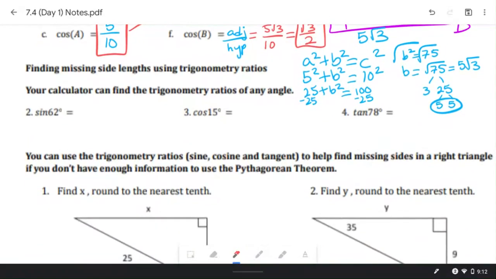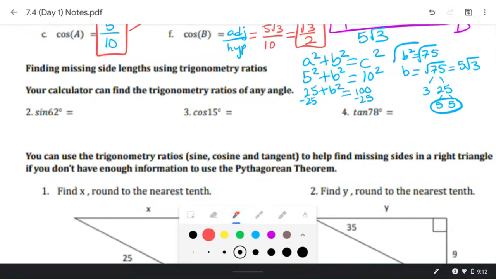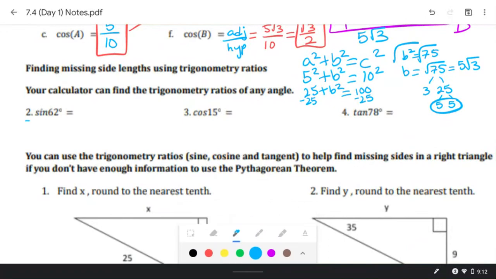All right, moving on. We're going to find the missing side lengths using trigonometry ratios, and your calculator is going to find the trigonometry ratios of the angle. So all you're going to do on your calculator is find the sine of 62. Find the sine button on your calculator, then press 62, and then your enter button.